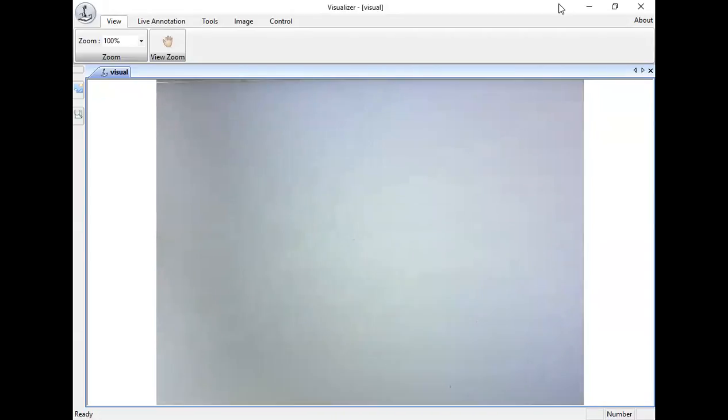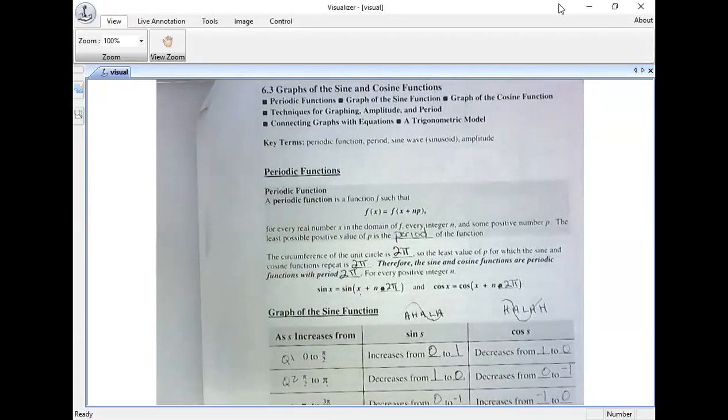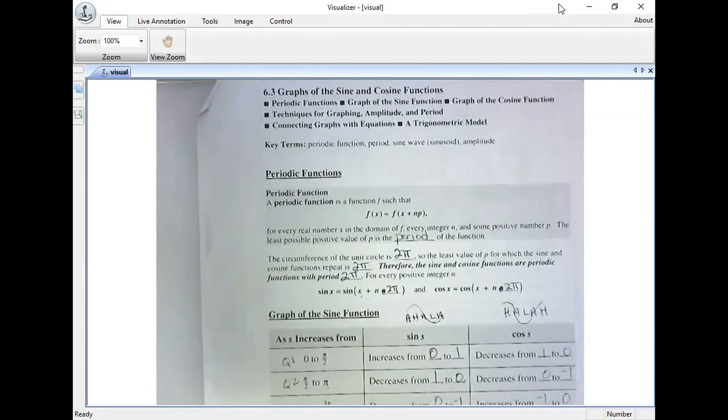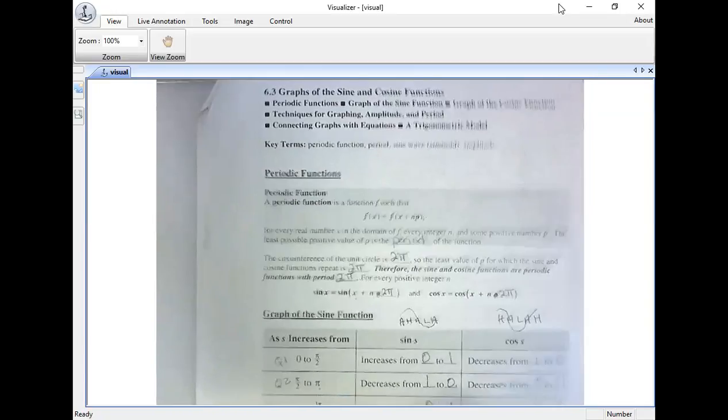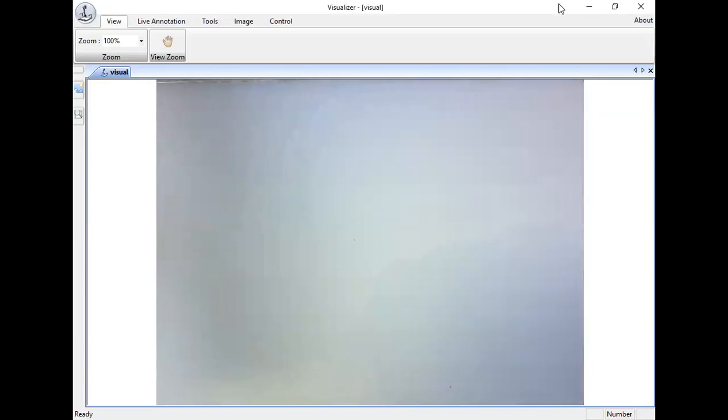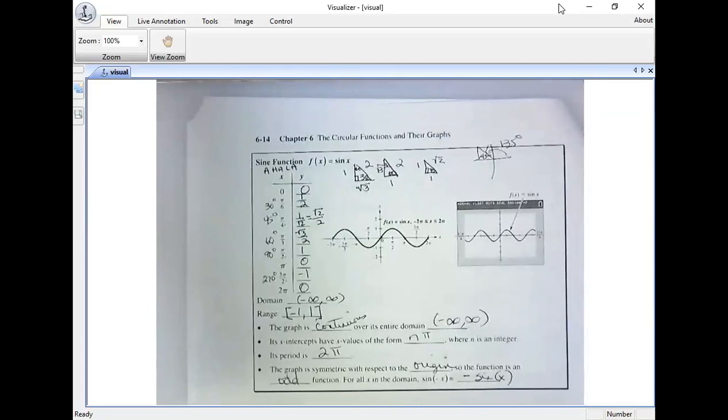What we started talking about was specific things related to the sine and cosine functions. And we talked about the fact that they are periodic. In other words, it repeats. And the fact that it repeats and has a specific pattern is going to be a tool that will help us if we need to graph something where there are a few changes.